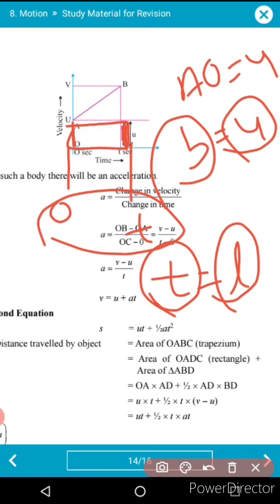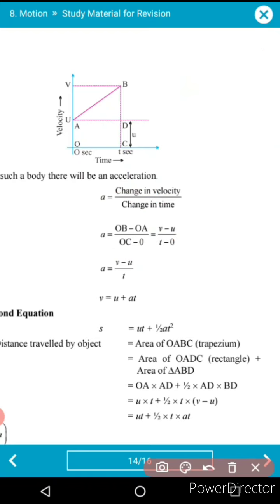Fine. So here the area of rectangle OECD is OA, breadth, into length OC. So here we are getting the area is u into t. As I already told you, this distance is t and this distance is u.